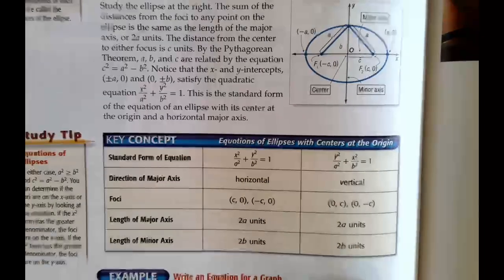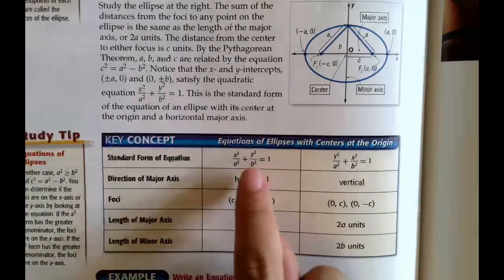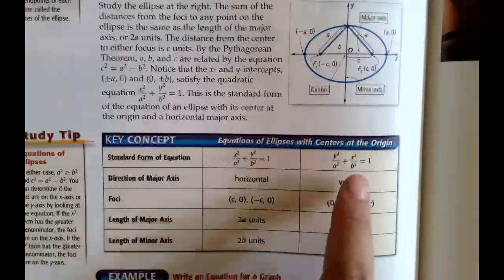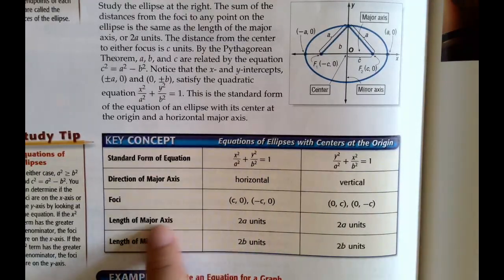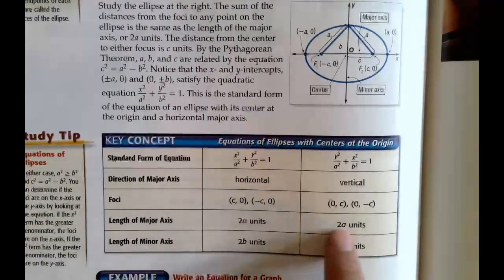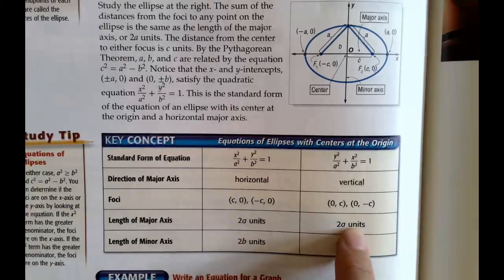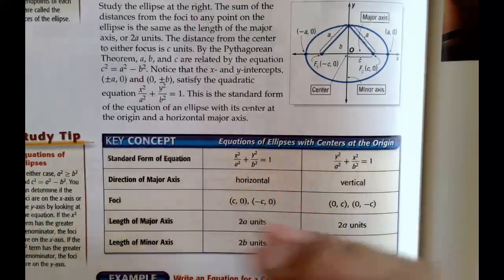Standard form of an ellipse is this. A is going to be the bigger one, so note that the length of the major axis is 2a units long.